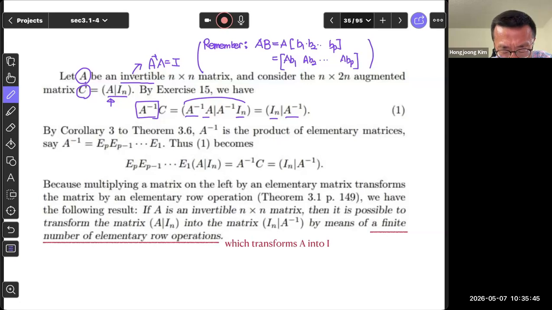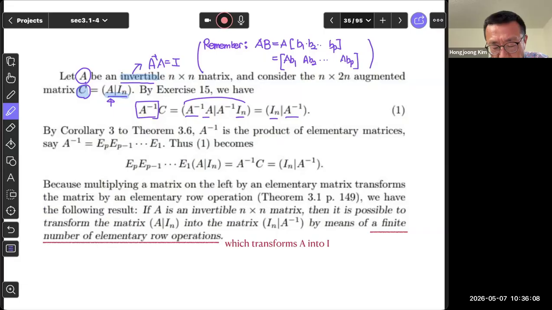So let me highlight this. We assume that A is an invertible matrix, and given this invertible matrix A, I constructed this augmented matrix C with A and the identity matrix.